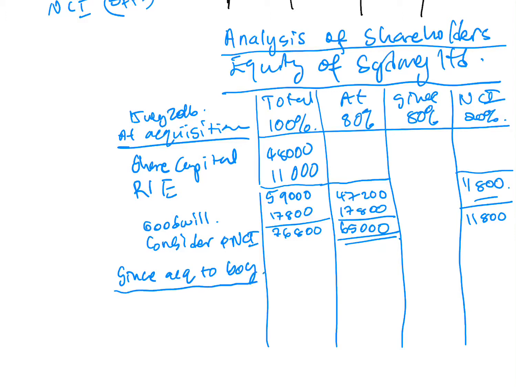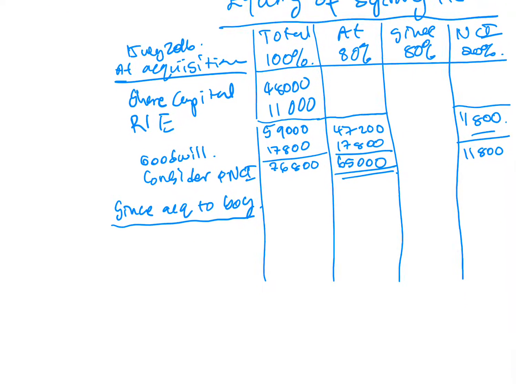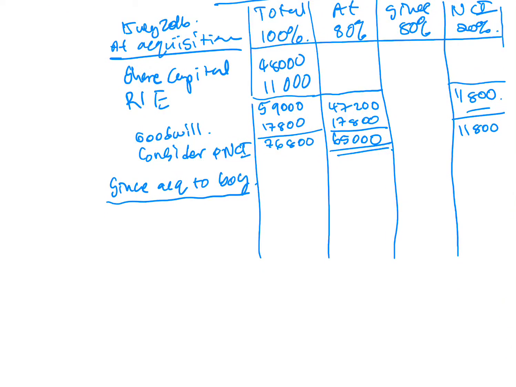Then we come to since acquisition to beginning of year. Now, since acquisition to beginning of the year, what we focus on mostly is the retained earnings, mark-to-market reserve, revaluation surplus. Basically, I can say other components of equity. So there was no intra-group transaction where the subsidiary sold to the parent.